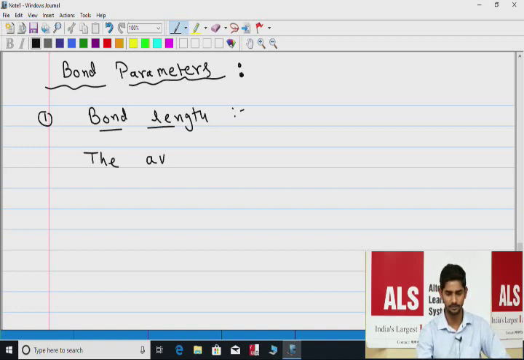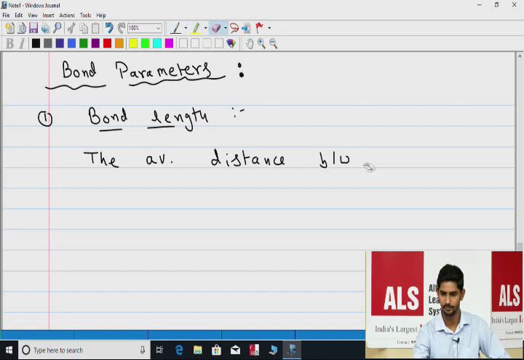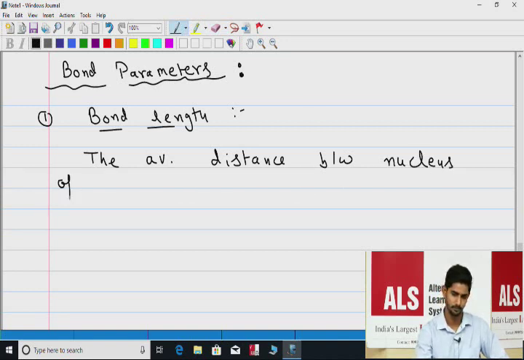The average distance between the nuclei of two atoms.